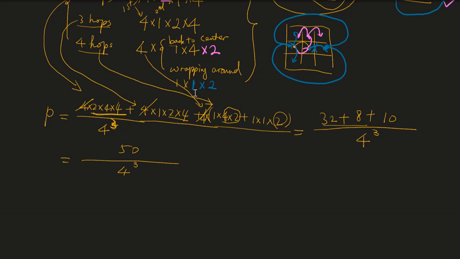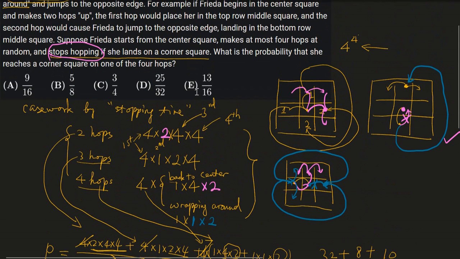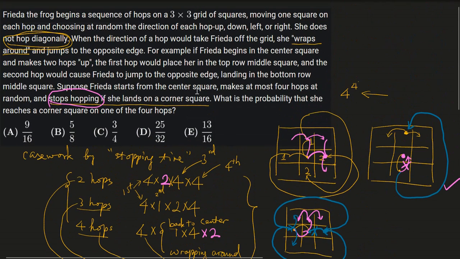And then we can cancel out a factor of 2 again. So this becomes 25, and this becomes 4 squared times 2. Therefore, we have 25 over 16 times 2, that's 32. Then this is our probability. So now let's look at the choices. 25 over 32. So D is our choice.